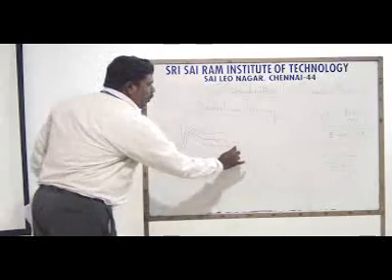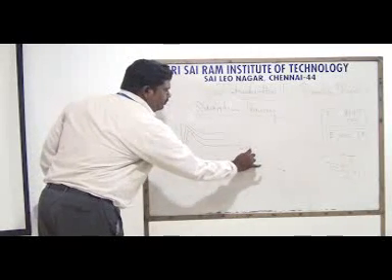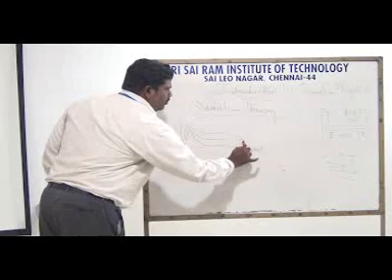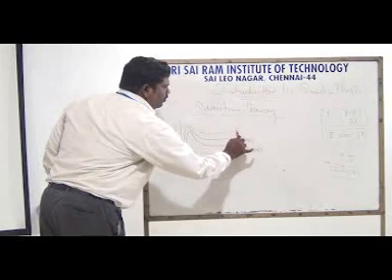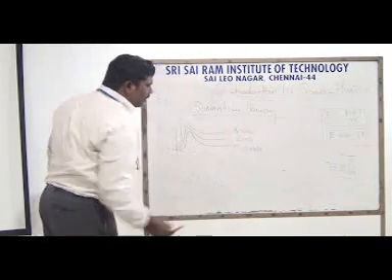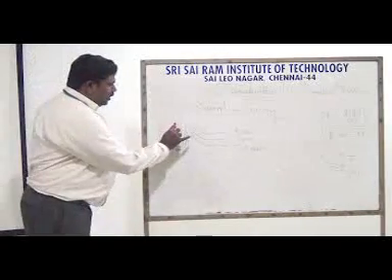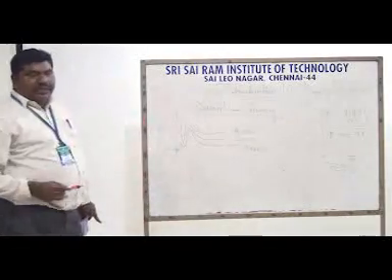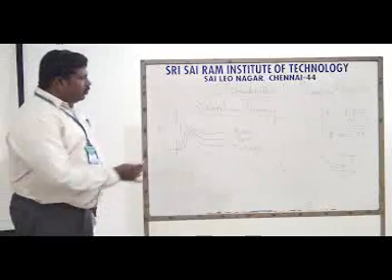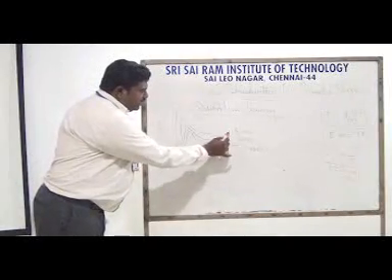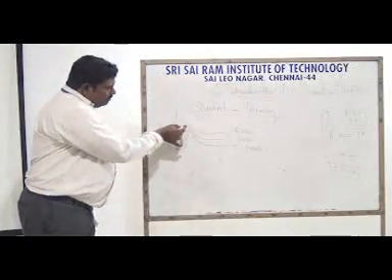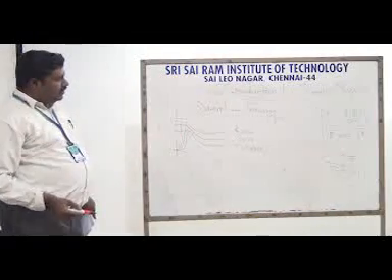That means when I increase the temperature, something is changing. So here I have three parameters in this diagram. When temperature increases, the maximum value of E increases.